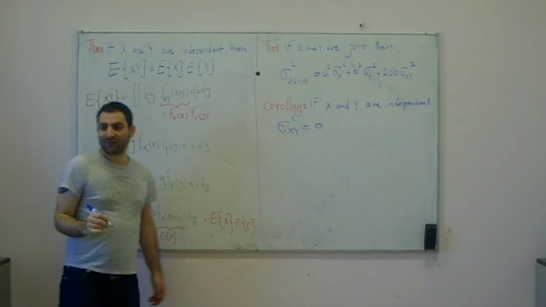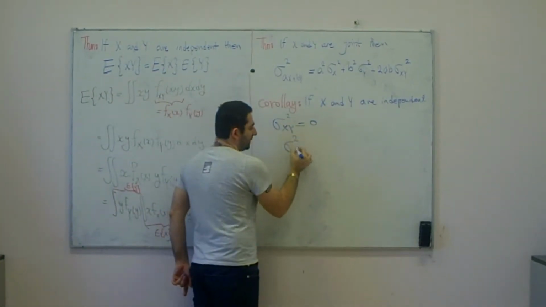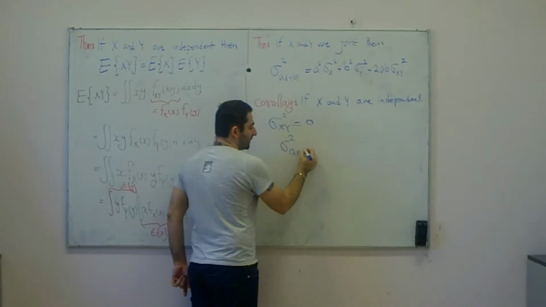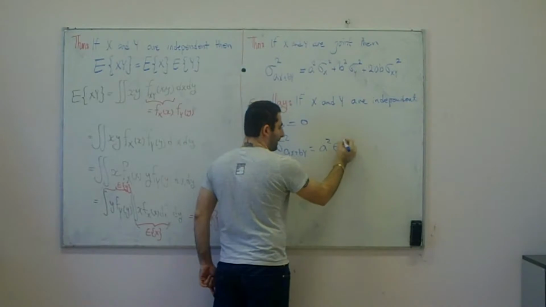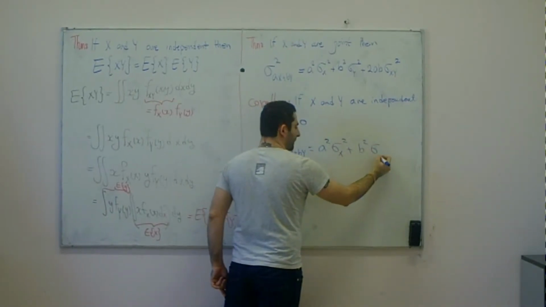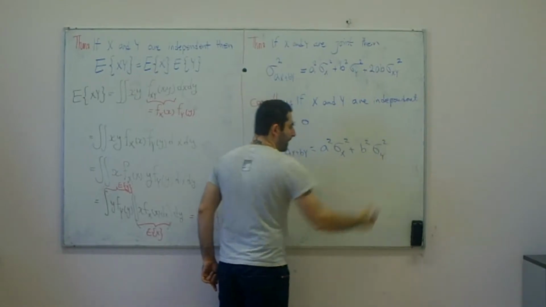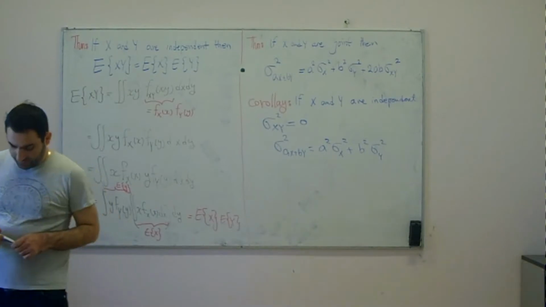They are not affecting each other, right? Which means that the sigma square of ax plus by is a linear combination of the variances.